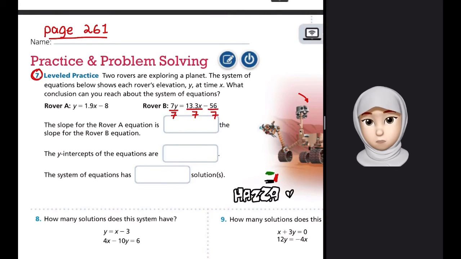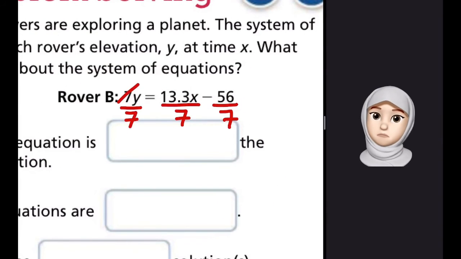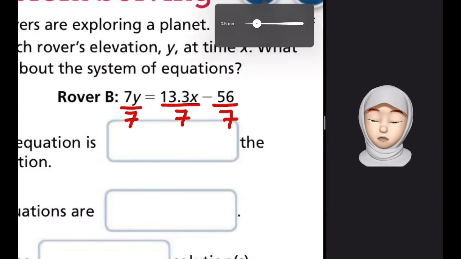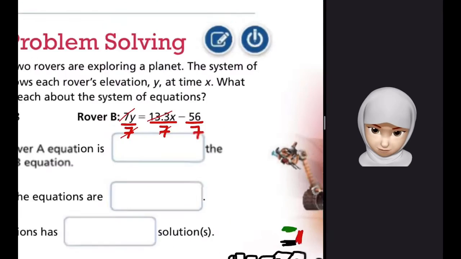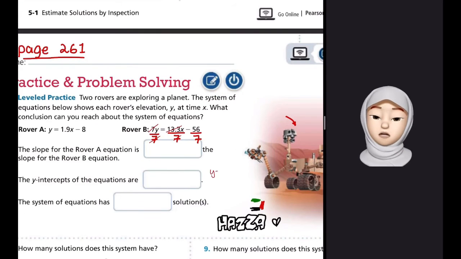The other way we need to explain. If we put the two equations beside each other, we put them in the form that we know. Do you remember it? Yes, y equals slope x plus b.